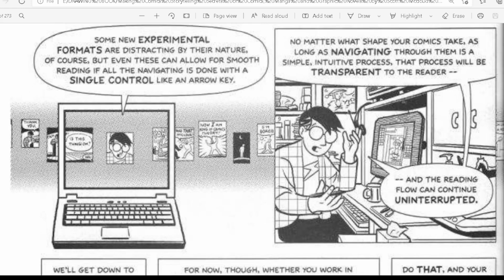Some new experimental formats are distracting by their nature, of course, but even these can allow for smooth reading if all the navigating is done with a single control like an arrow key.